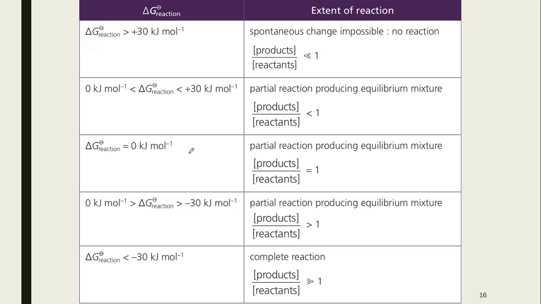If delta G was equal to 0, we also have a partial reaction producing an equilibrium mixture, with about an equal amount of products and reactants. If delta G is between 0 and positive 30, we again have a partial reaction, but we have mostly reactants. And if delta G was much greater than 30, we would have no reaction because it would not be spontaneous.